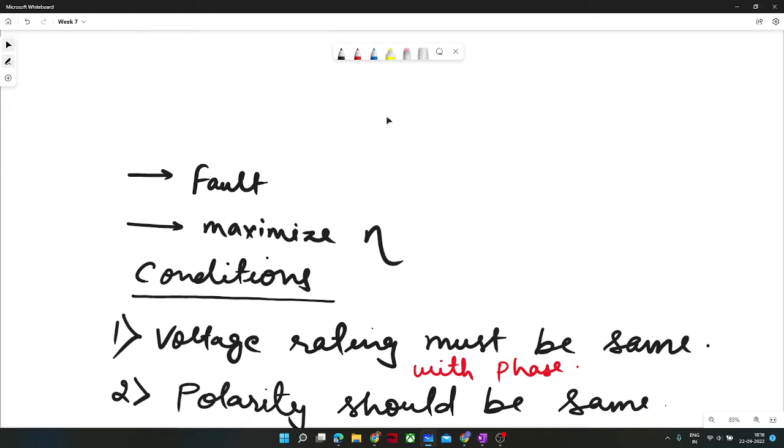First and foremost is to avoid faulty conditions. If some fault appears in transformer 1, then transformer 2 should be able to cater the load, right? It should not trip down with all loads connected. So the first objective is this fault. And the second objective is to maximize the efficiency, right?